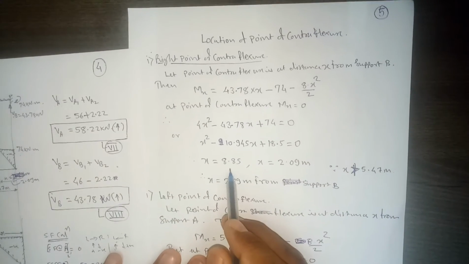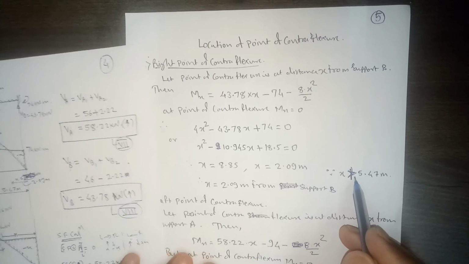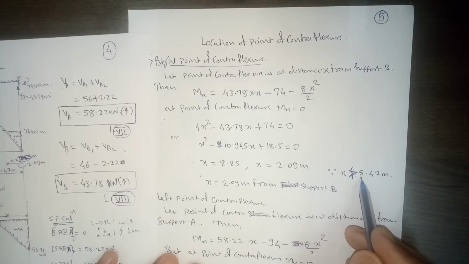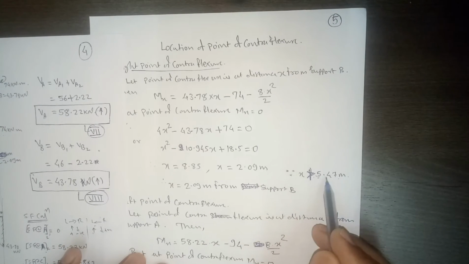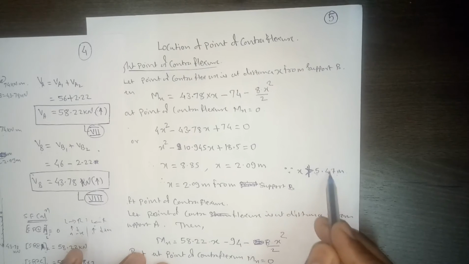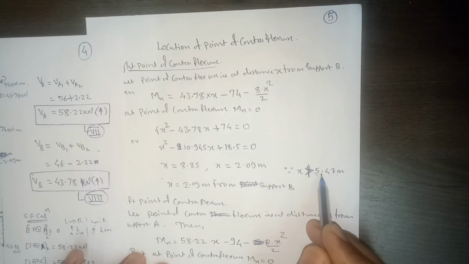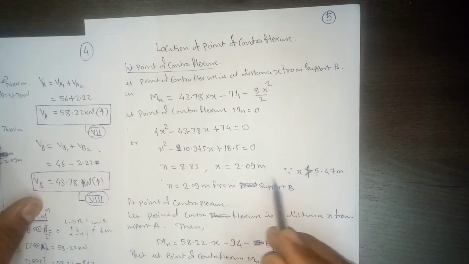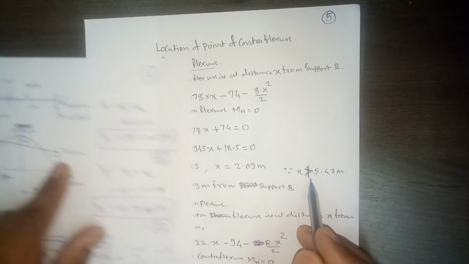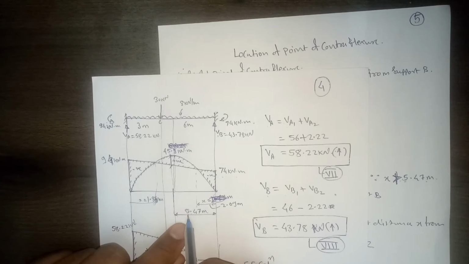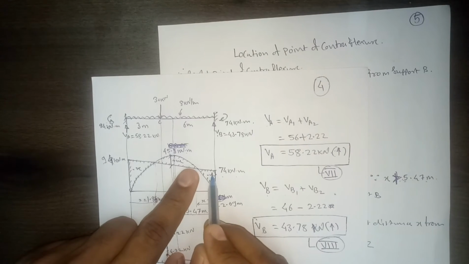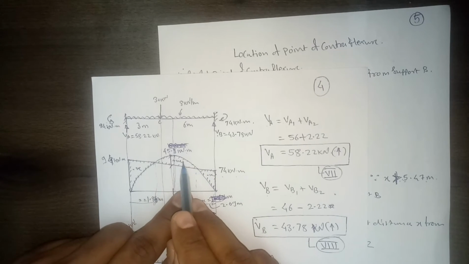It is invalid since the maximum positive bending moment is acting at 5.47 meter itself. So x cannot be more than this value, because here we are getting a positive value, so it should be less than this. Here we are getting a positive value at a distance of 5.47 meter, whereas it is changing from negative to positive.